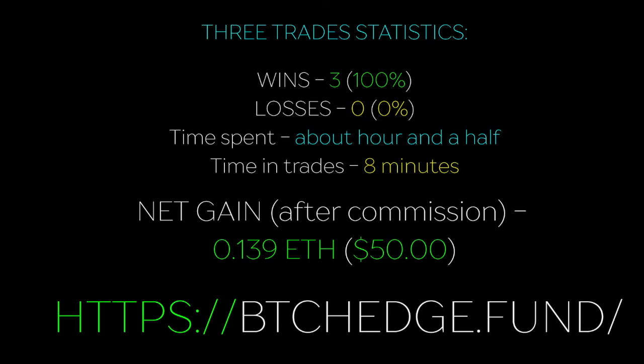That means that in 3 trades we made 0.139 Ether, which is about $50 at the current price, and we made this money by spending about an hour and a half on the trade terminal, and we were in the actual trades for about 8 minutes.